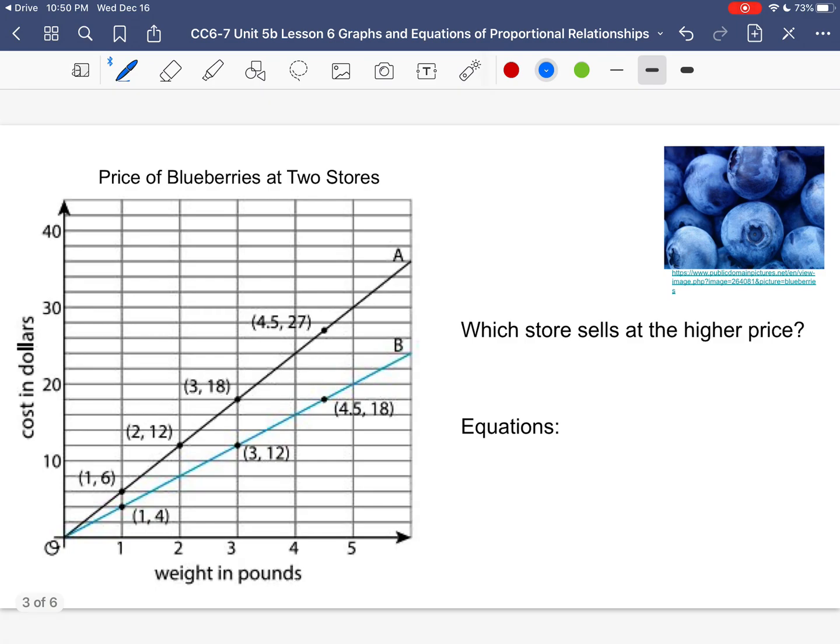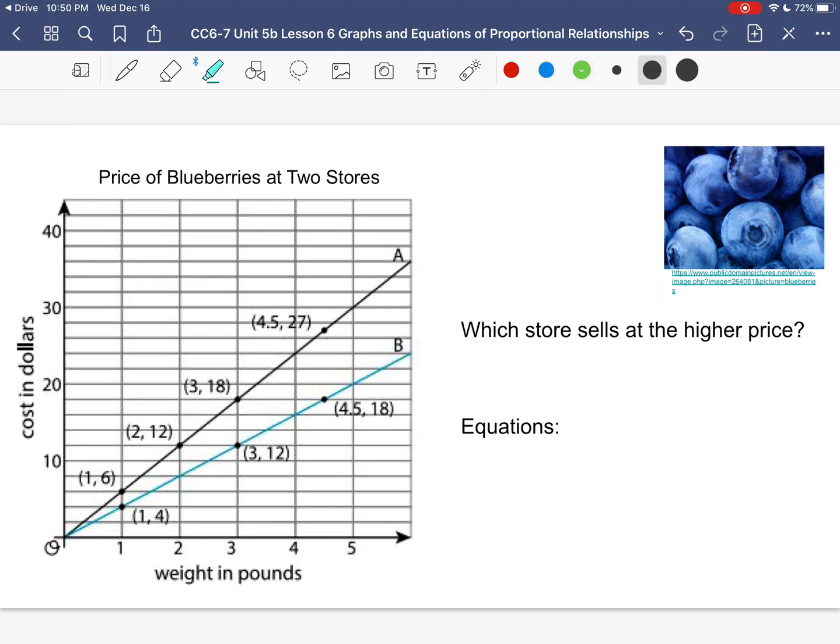So here we have related proportional relationships and related graphs. They both represent the price of blueberries, but at two different stores. And we're asked which store sells at the higher price. So let's look at the unit rate, the cost per pound.